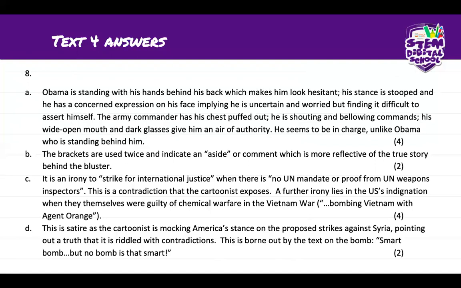This is a contradiction that the cartoonist exposes. A further irony lies in the US's indignation when they themselves were guilty of chemical warfare in the Vietnam War. As you can see here, it says bombing Vietnam with Agent Orange, right at the bottom there. Again, it'll also depend on how widely read and knowledgeable you are, to some extent, in order to get full marks in this regard.